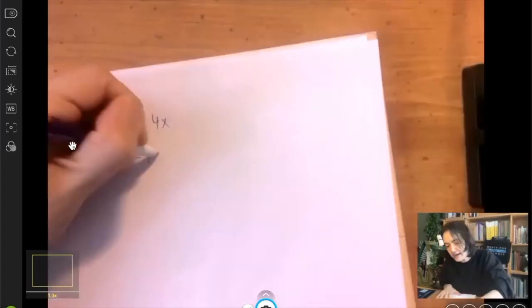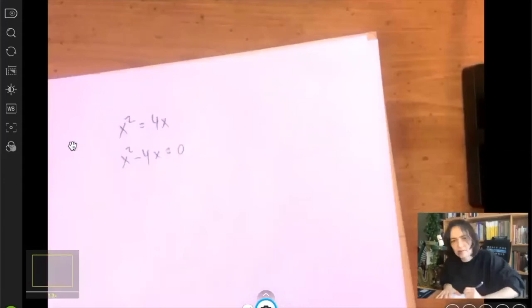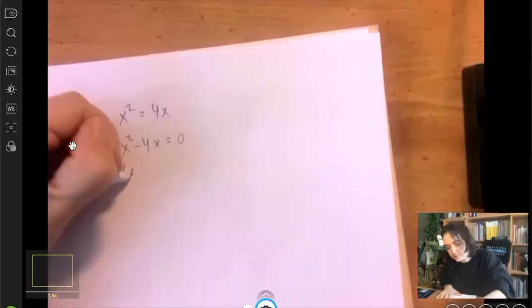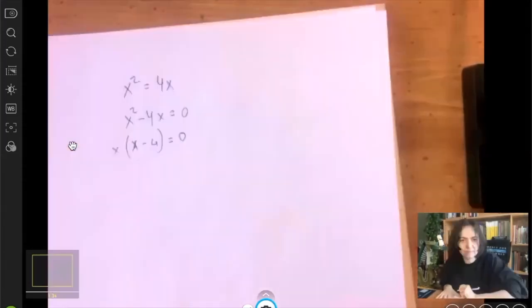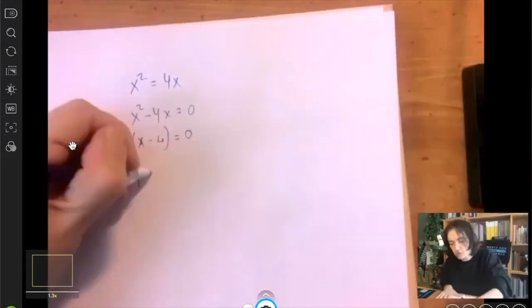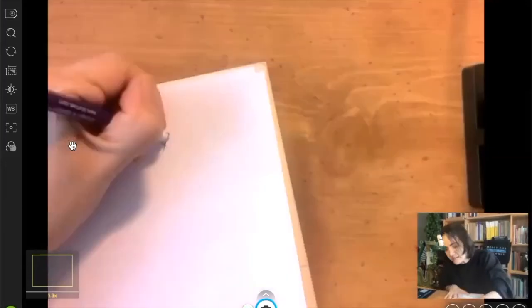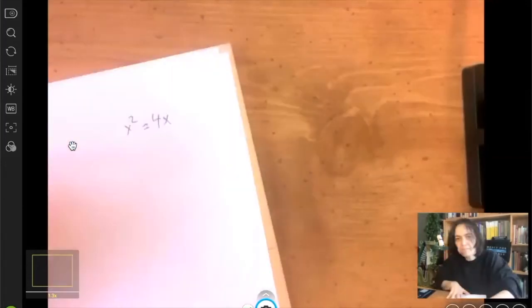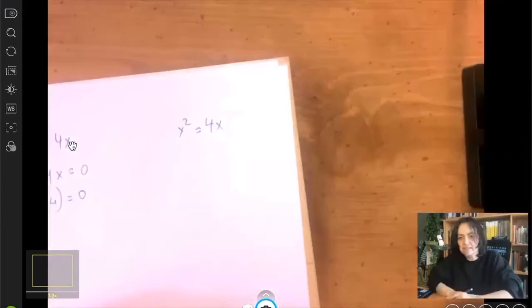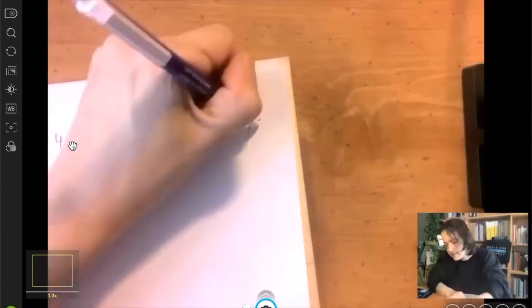You subtract, factor, and apply the 0 product rule. So we have 0 and 4. But some people would say x squared equals 4x, they both are divisible by x, I want to divide by x. Don't try this because this is bad.